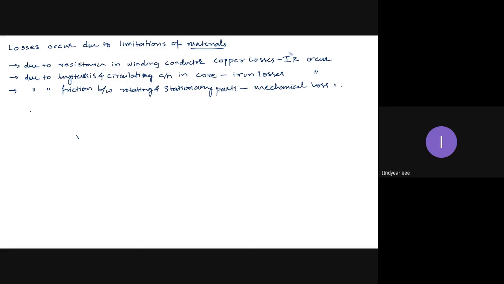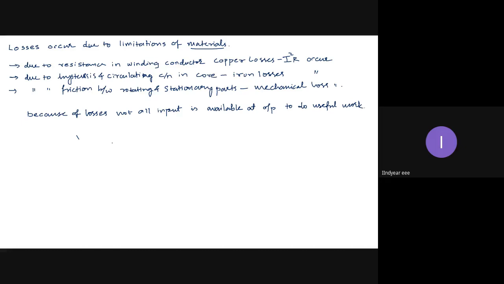So as a result of losses, what will happen? Temperature rise occurs. Because of losses, not all input is available at output to do useful work.